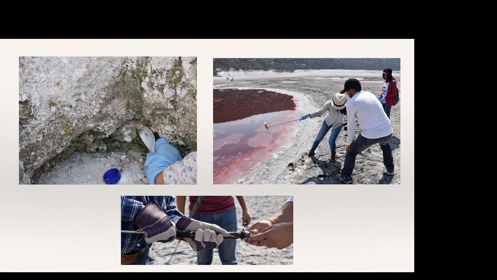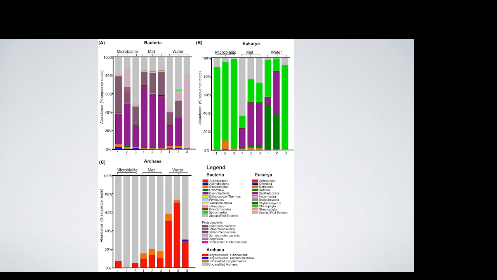So we sampled different compartments or niches in the crater: the microbial mats, the microbial sediments, the water, and we also made several boreholes to collect samples in the central part, in the pelagic sediments, down to 4 meters, and we now have a borehole of 10 meters. And of course, we have a lot of microorganisms comprising bacteria, eukarya, and archaea.